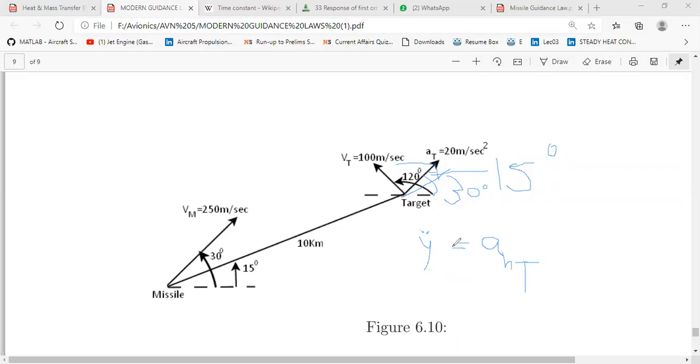Someone please try to resolve the force component or acceleration component in the perpendicular direction with respect to the line of sight. Angles are given, so it is easy to derive it. So find out the normal acceleration, or separation acceleration, perpendicular to the line of sight, and tell me the value.